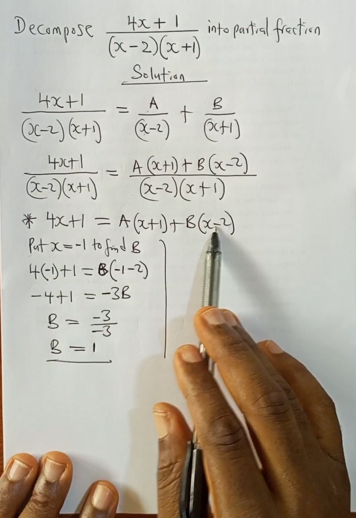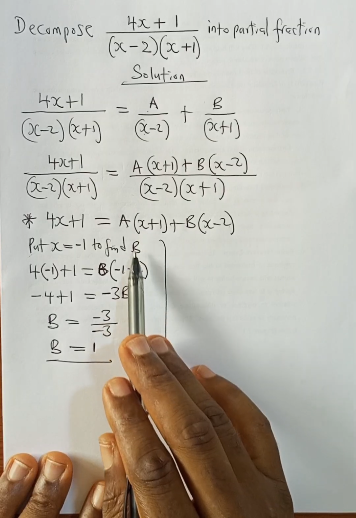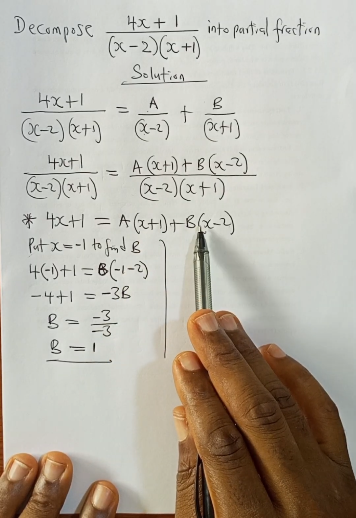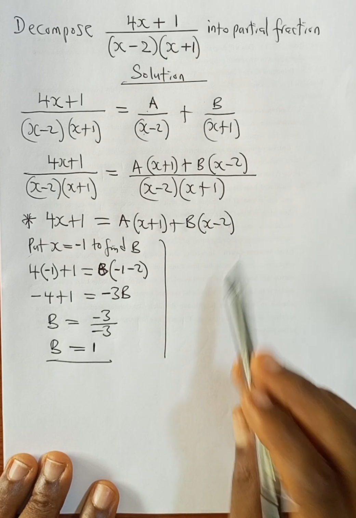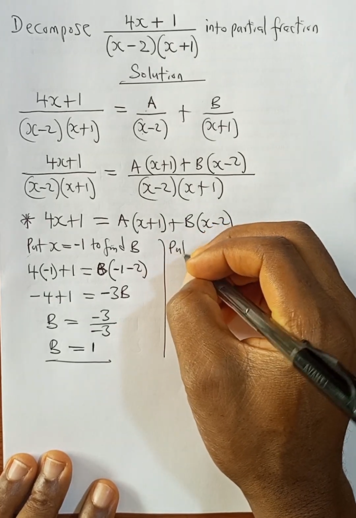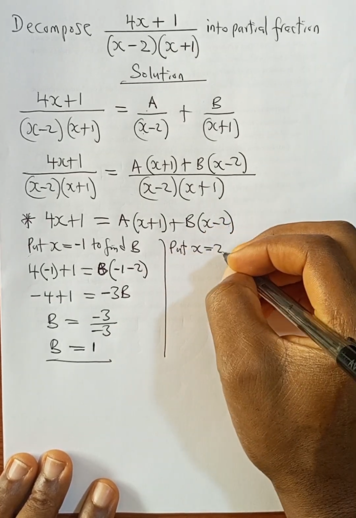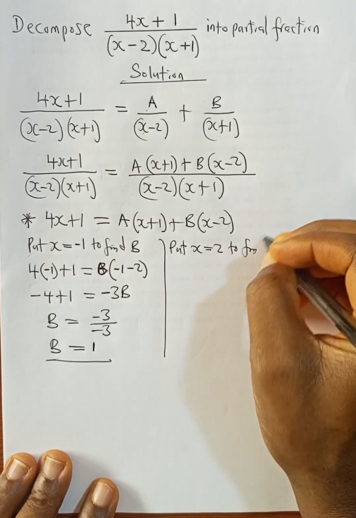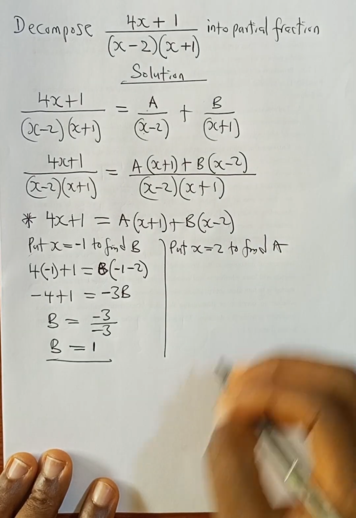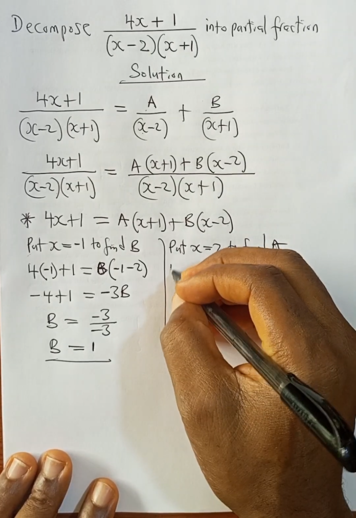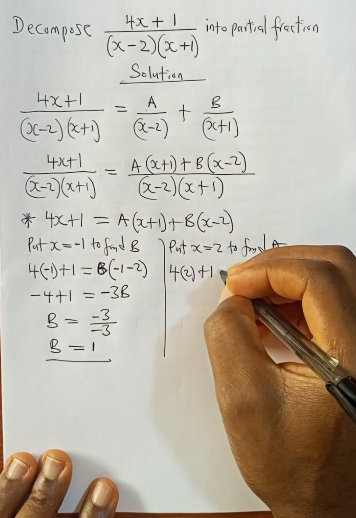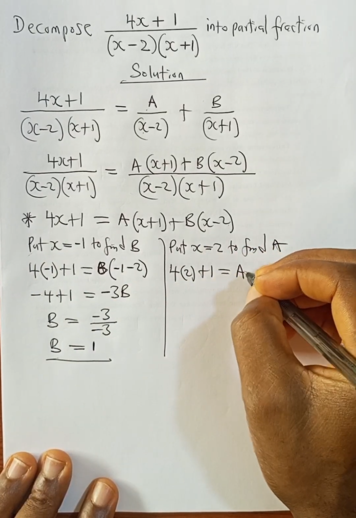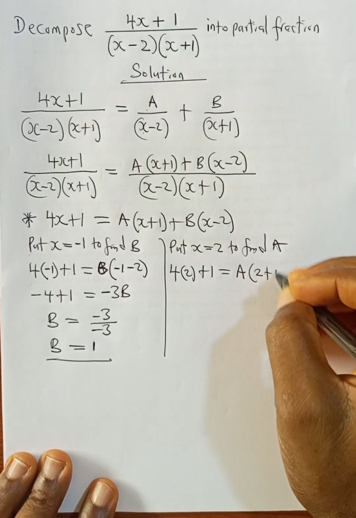Now you do the same thing to find A. For you to find A, you put S equal to 2 so that you get 0 here and B is out. Now, how do we go about it? 4 times 2, S is 2, plus 1 is equal to A bracket 2 plus 1.